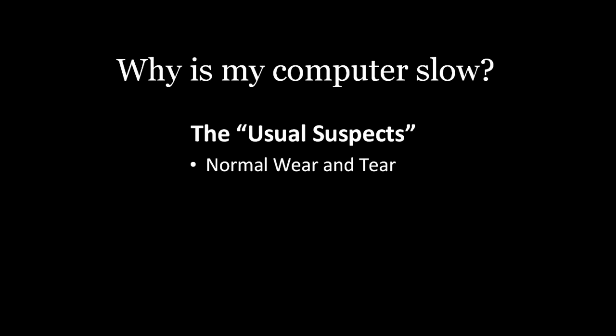Okay, now let's talk about normal wear and tear, and I think this is really important because a lot of people that I talk to think they're doing something wrong with their computer, and that's why it's slow. And computers are a lot like your car. Over time, you have to get things repaired, and it's not like you're doing anything wrong, it just happens. And so, what kind of normal wear and tear do computers get?